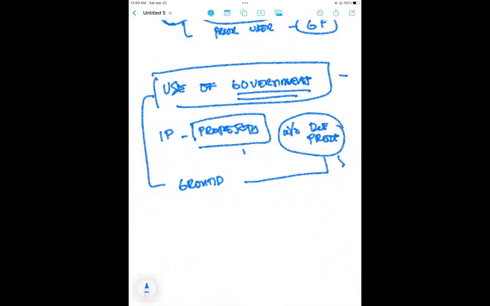Ano yung mga valid ground dito? Number one, it is for the public interest. Okay, in particular, national security, nutrition, health, development, okay, as determined by appropriate agency.